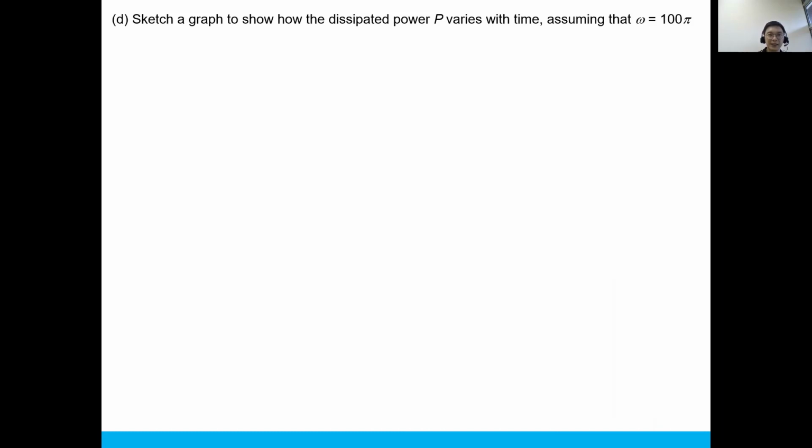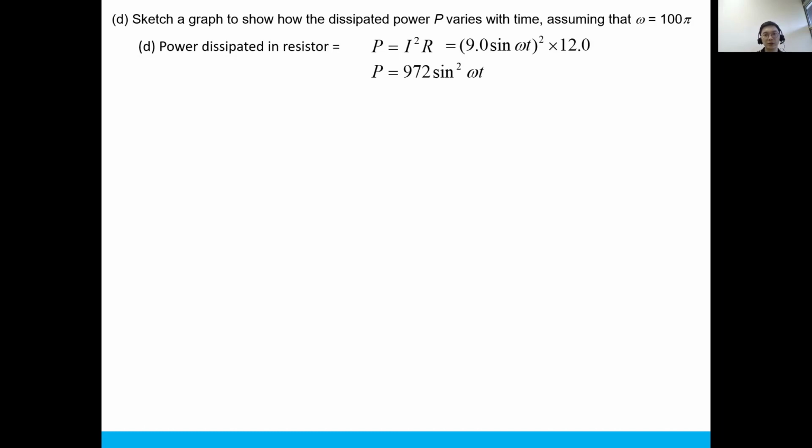Lastly, sketch a graph to show how power varies with time, assuming that omega equals 100 pi. Power equals I squared R. If you write out the equation, you sub in I as 9.0 sine omega t, squared, you get 972 sine squared omega t.